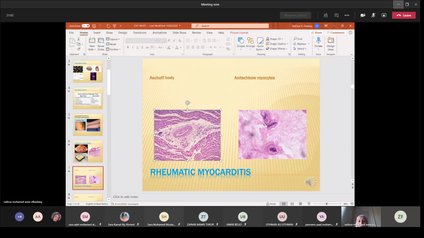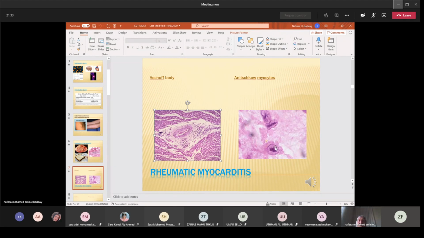Besides, there are two characteristic cells. These are the anitschkow myocytes, which are myocytes that are degenerated and have a bar-like nucleus, and an Aschoff giant cell, which is a small giant cell, which is present also in the reaction.